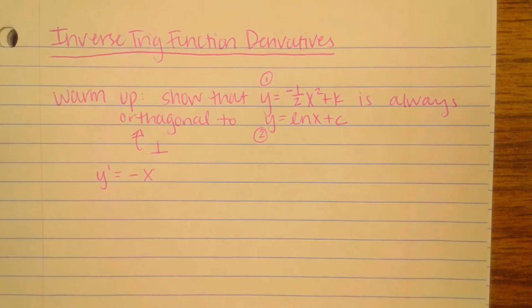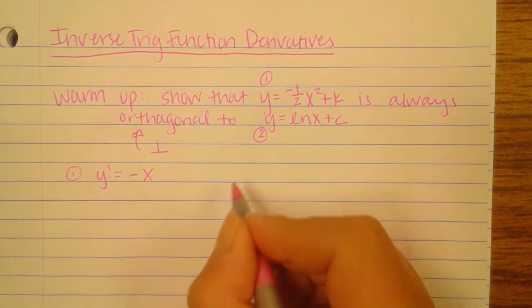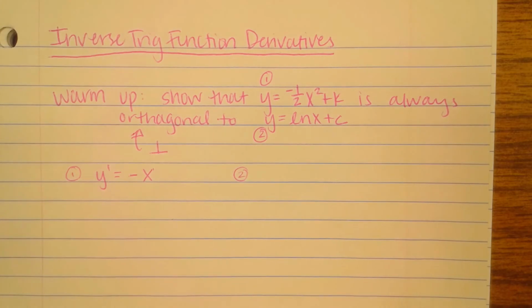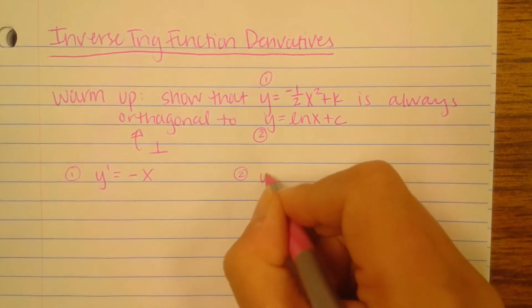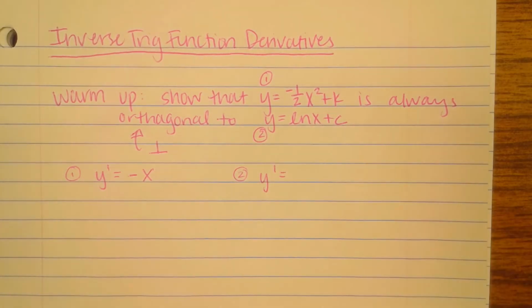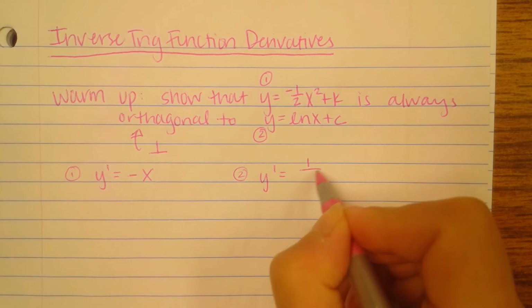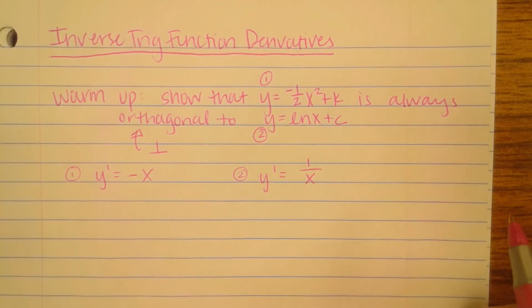And now I'll find the derivative of function number 2. The derivative of natural log, we just did that last lesson, is 1 over x. And then that plus c is just a constant, so that'll go away too as 0.